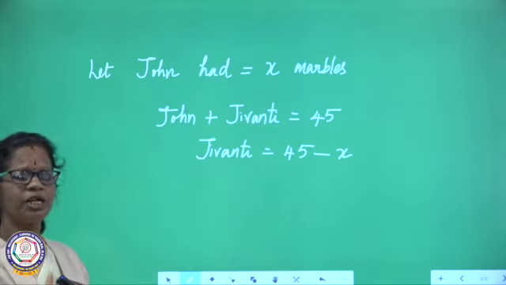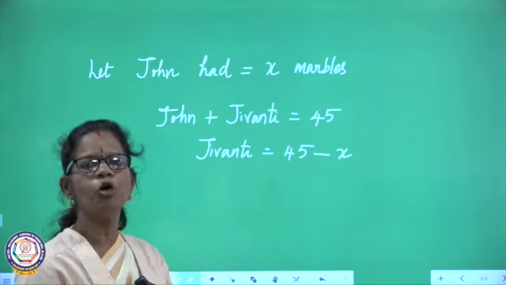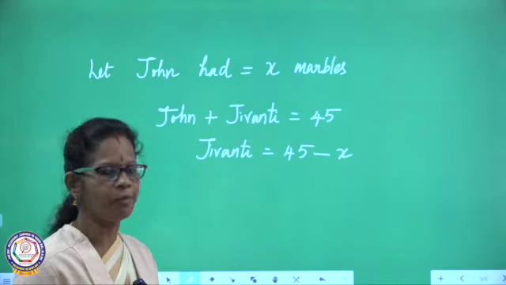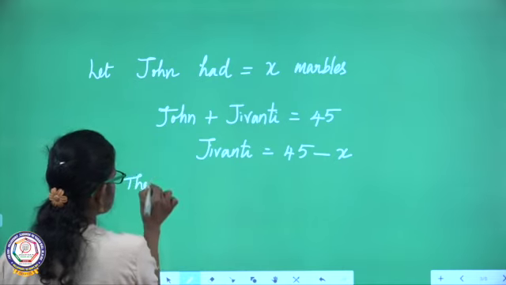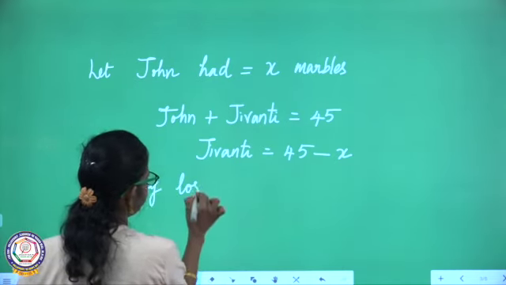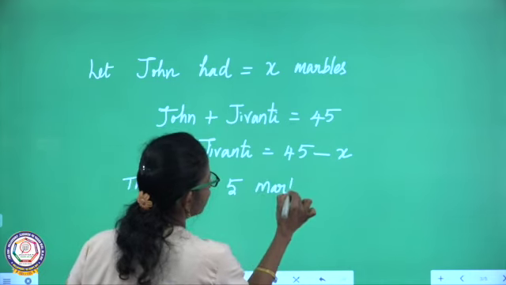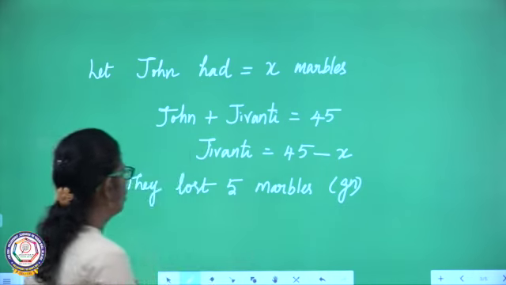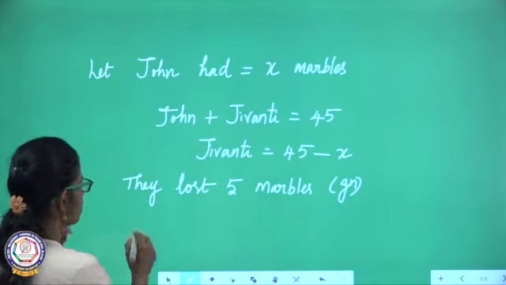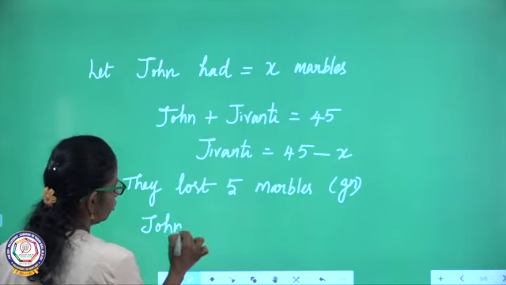Then the next statement, what they said, both of them lost 5 marbles. At present, they lost 5 marbles. That is given in the question, right? So, at present, what does John have?